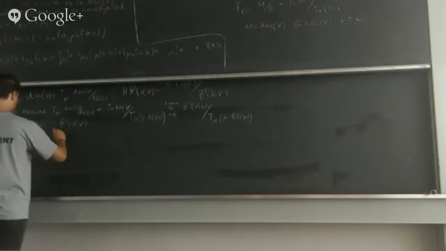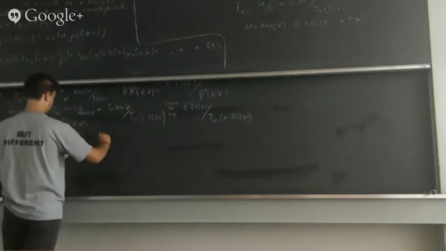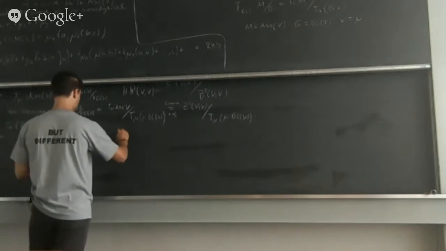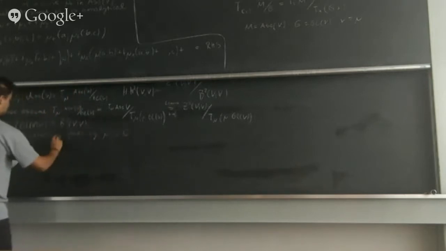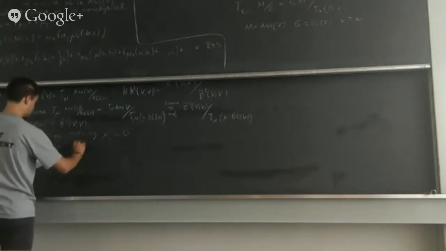And once again, the tangent space is just the curves, the order 1 of curves, of the form GT times mu for our GT in GLV.